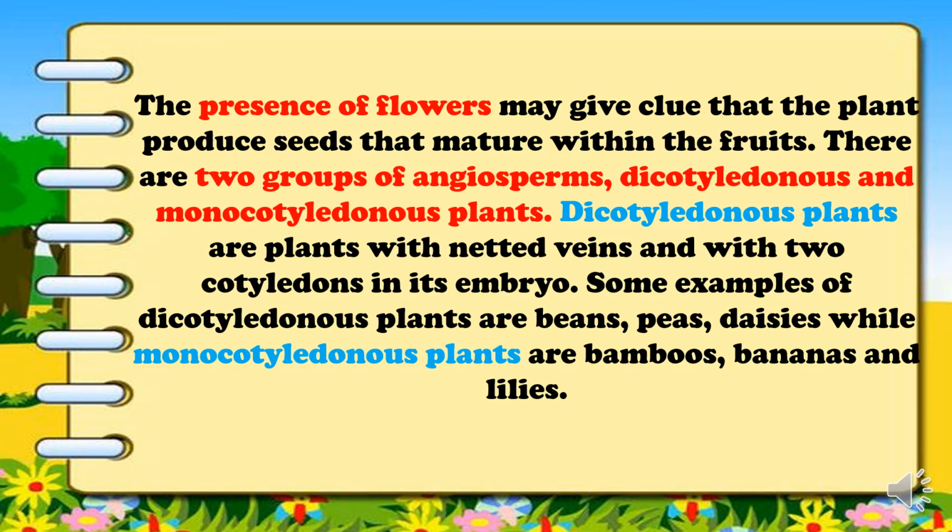There are two groups of angiosperms, dicotyledonous and monocotyledonous plants. Dicotyledonous plants are plants with netted veins and with two cotyledons in the embryo. Some examples of dicotyledonous plants are beans, peas, and daisies, while monocotyledonous plants are bamboos, bananas, and lilies.